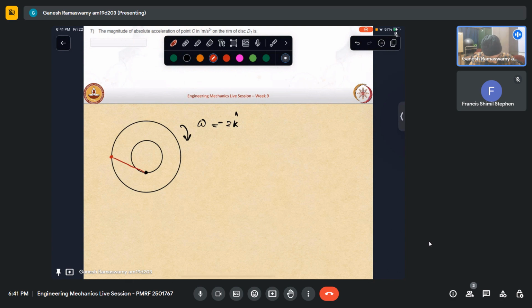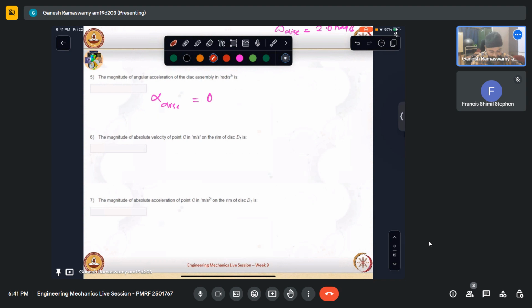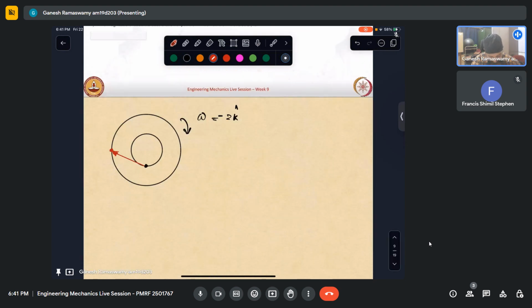This is the position vector of that point. Now the question is asking what is the absolute velocity of point C. Now when I know the ICR, I can easily calculate the absolute velocity. So my absolute velocity of point C will be perpendicular to that. It will be like that.